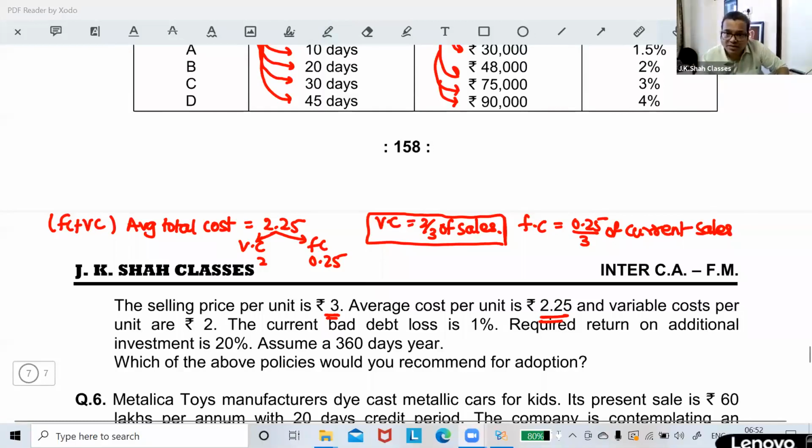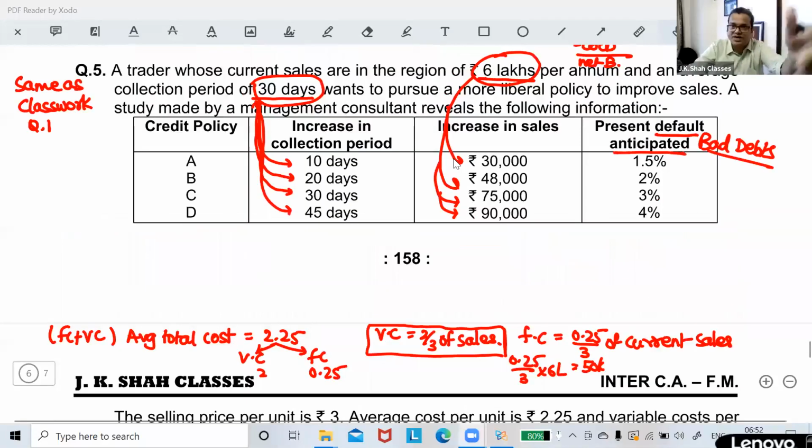So how will you calculate 0.25 by 3 into 6 lakhs? 6 lakhs into 0.25 by 3. How much did it come to? Does it come to 50,000? Yes, that comes to 50,000, right, friends? So now you tell me, even though you go on increasing the sales like 6 lakhs, 6 lakh 30, 648, 675, 690, everywhere, how much will be the fixed cost? Say 50,000, fixed throughout, right? Okay.